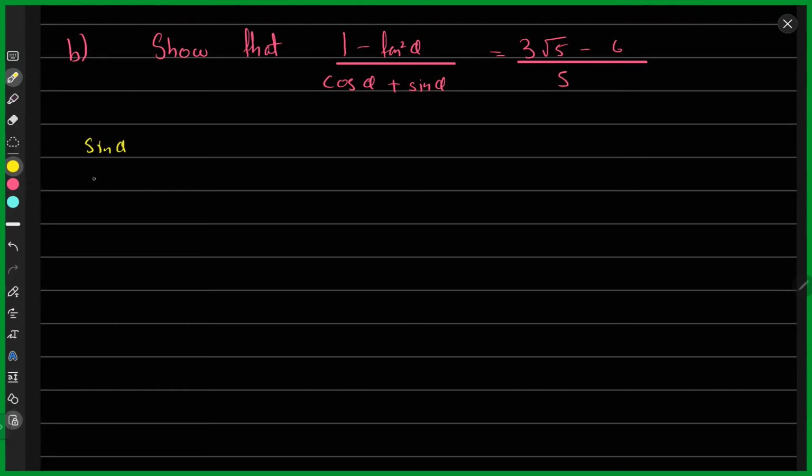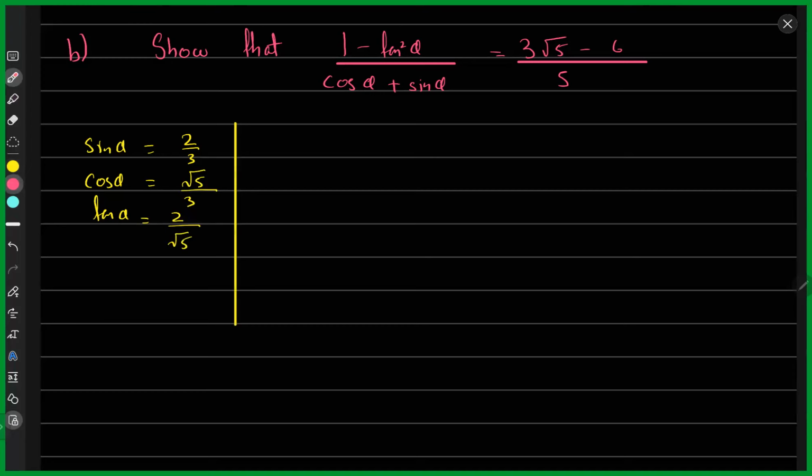I'll just write the values of sine, cos, and tan that we found in the previous part. So sine was 2 by 3, cos was given, that is √5 by 3, and tan was 2 divided by √5.